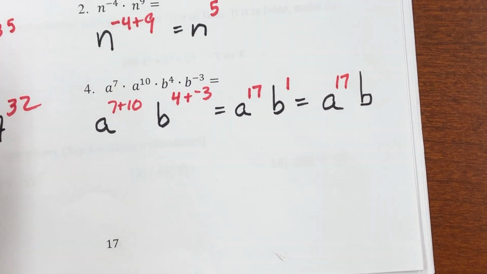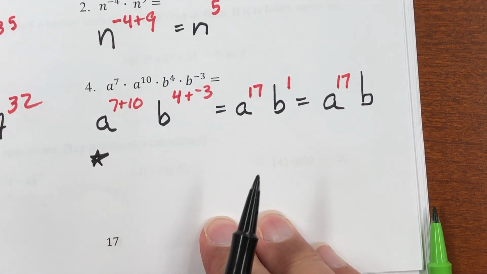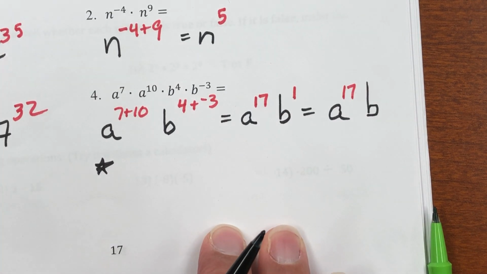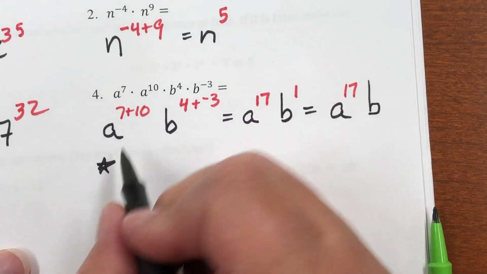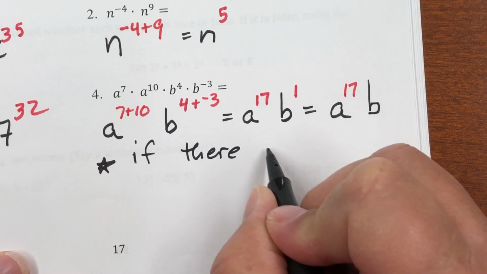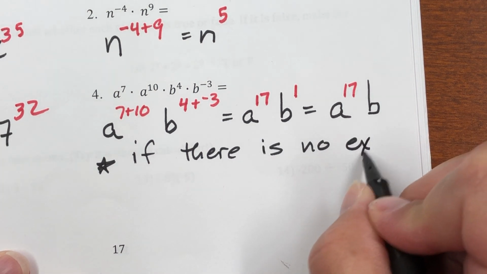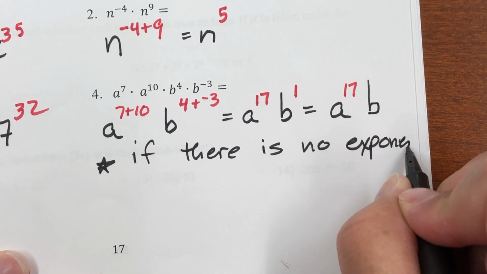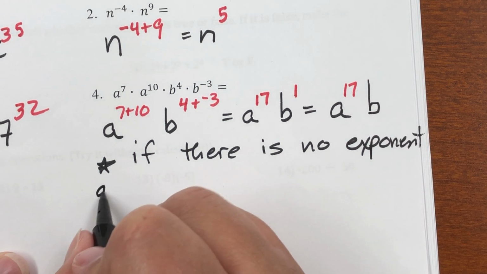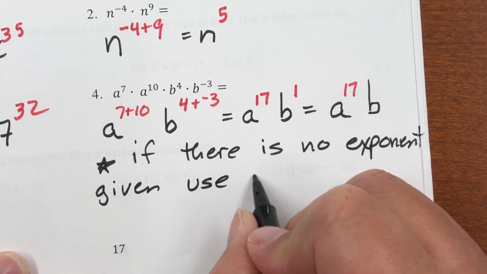And I'm gonna put a little aside down here, a little bit of a star. Because if there's no exponent, the exponent is 1. So if there's no exponent given, use a 1.